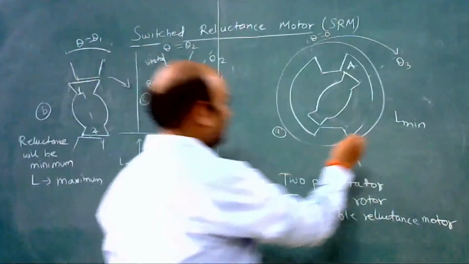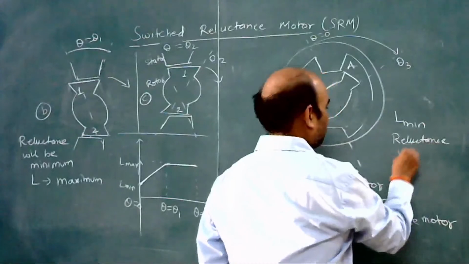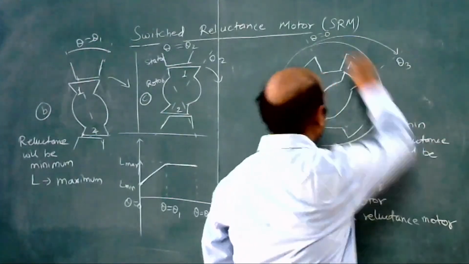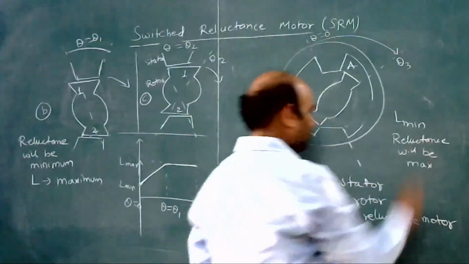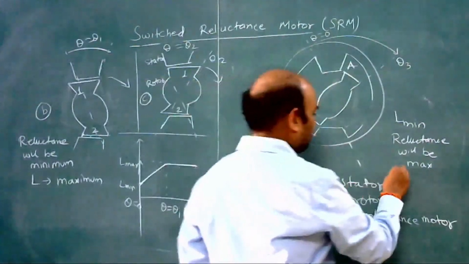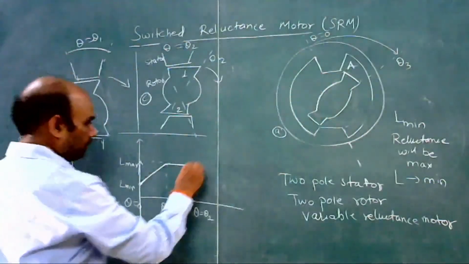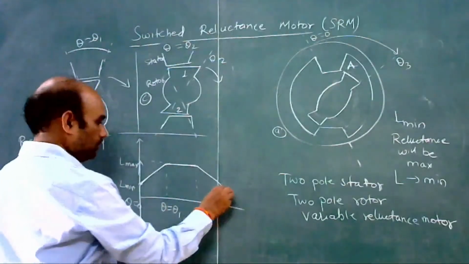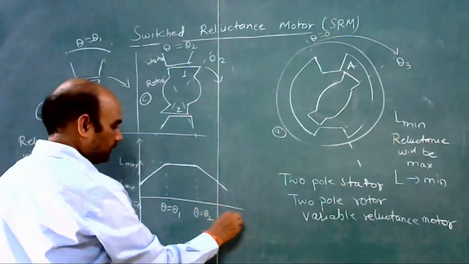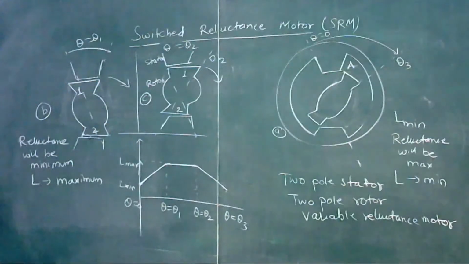Now in this case, reluctance will be maximum. So again inductance will be minimum. So this will decrease like this. This is theta is equal to, so this will come again to minimum.